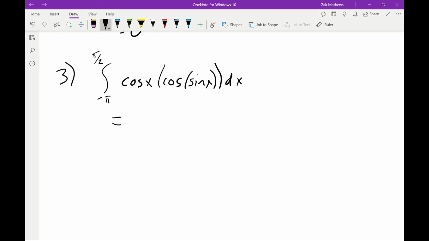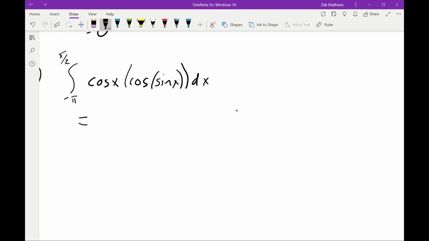All right, so here I see a function times another function, but this second function, cosine of sine, has a composition. So I'm going to let my u equal that inner function, the sine x. So du is equal to cosine x dx. And so as I go to replace my things here, cosine x dx is just du, cosine of sine is cosine of u.